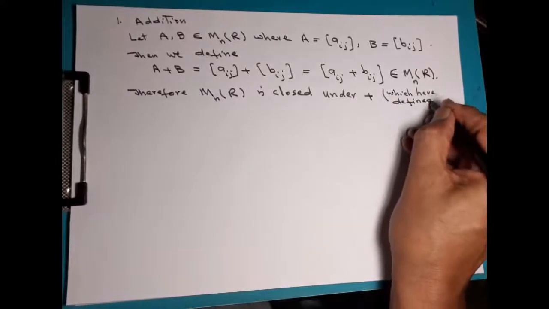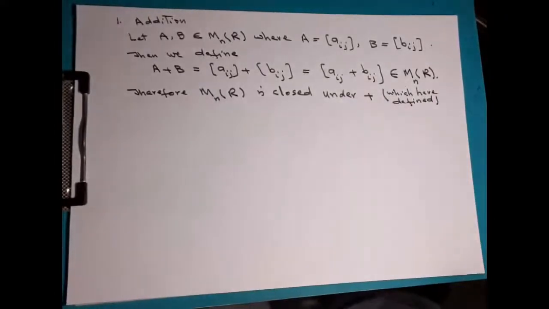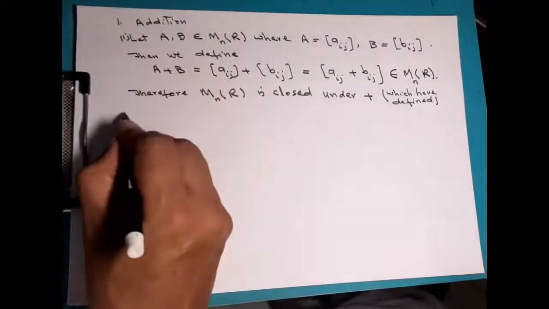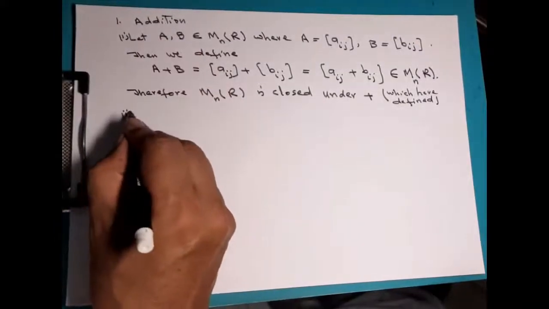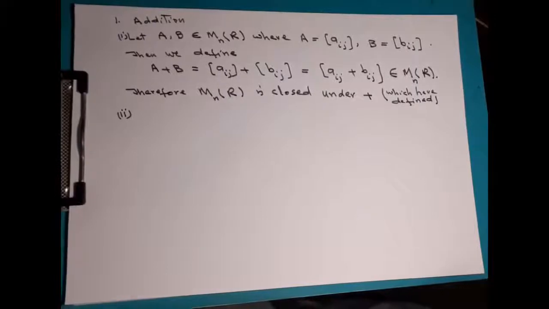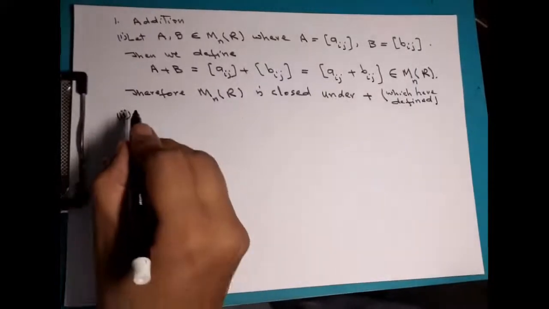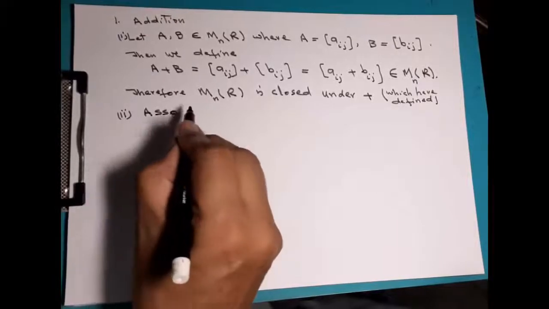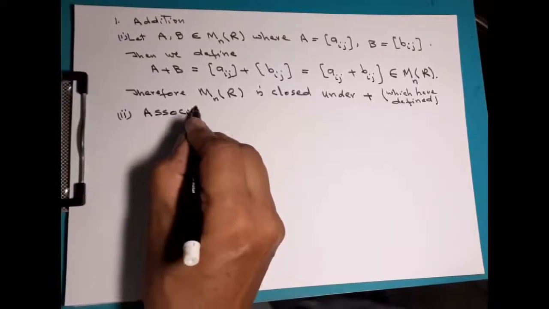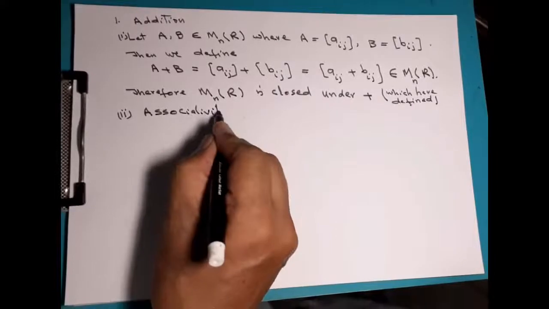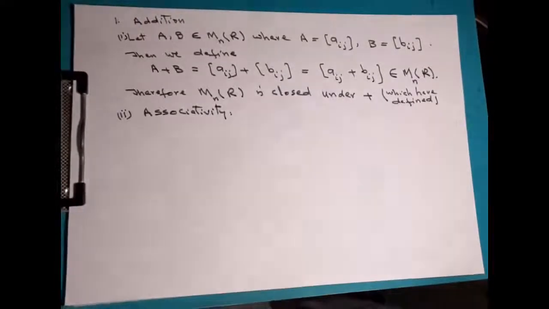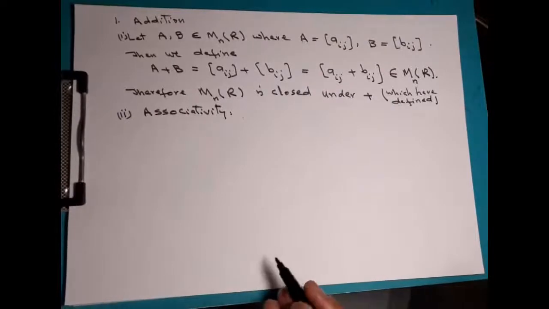Secondly, we have to show addition is associative. So, associativity of addition. It is very simple. Let's do it in detail.